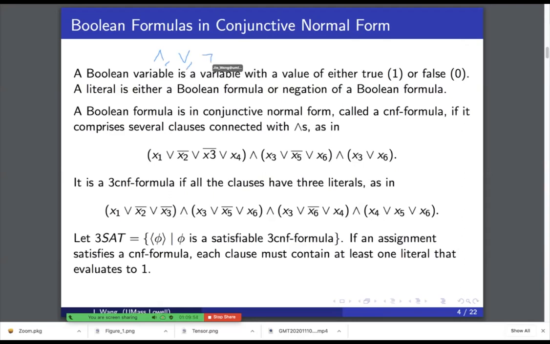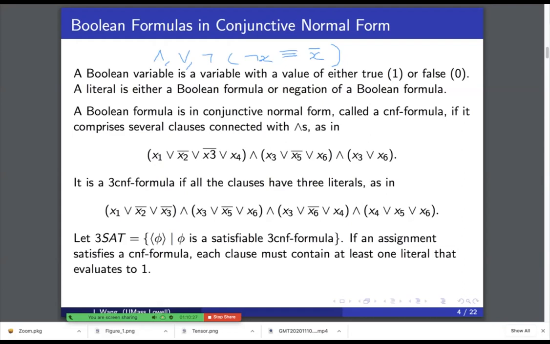Negation, sometimes we also write it as a bar on top, so negation of x can also be written as x bar, just to make it easier to write.